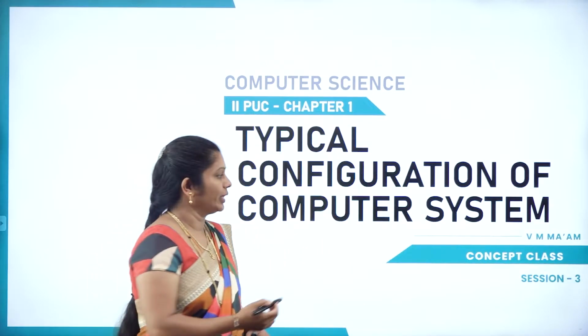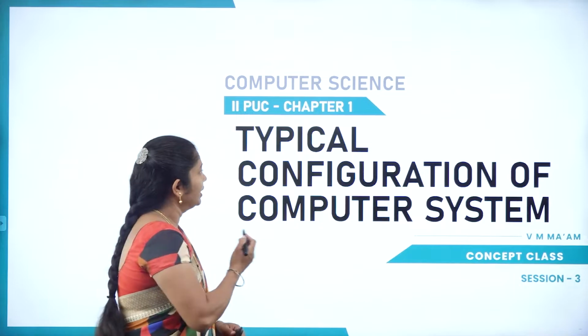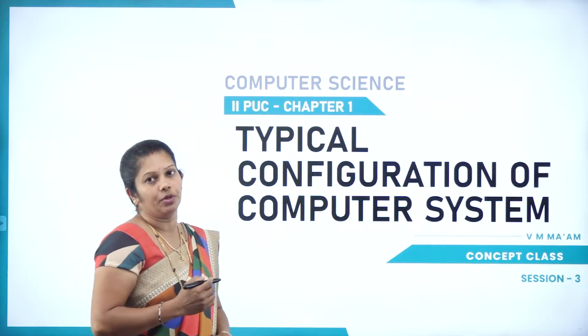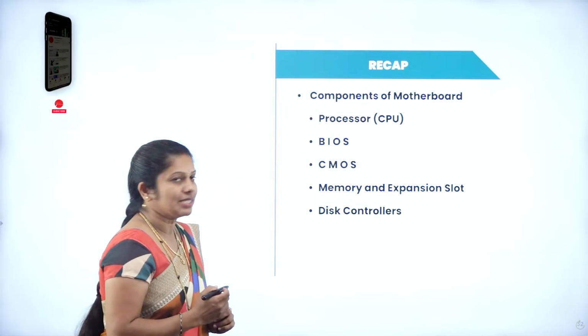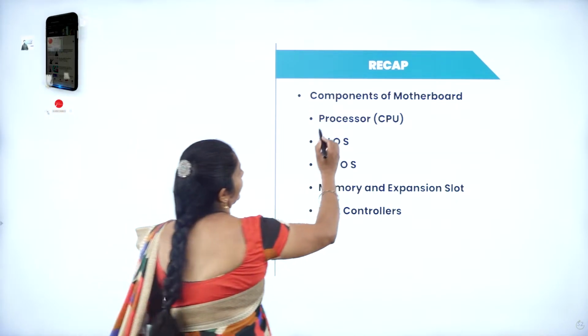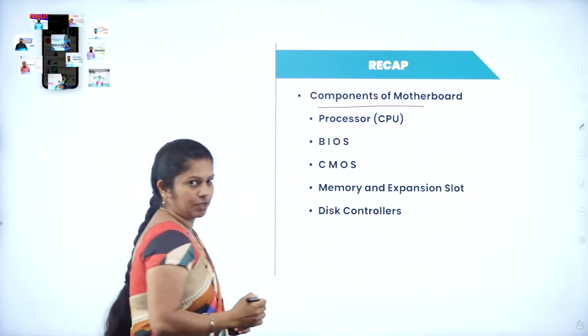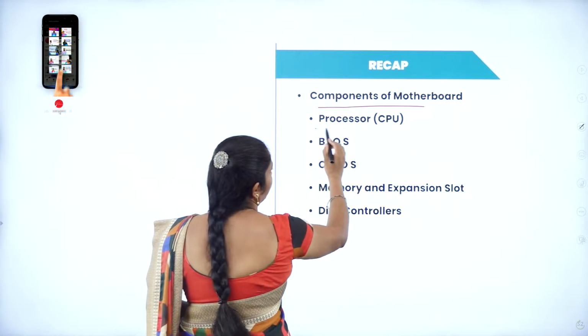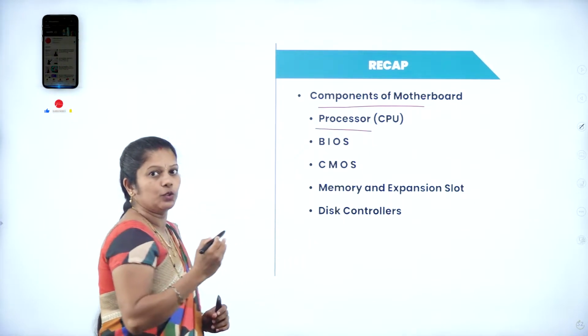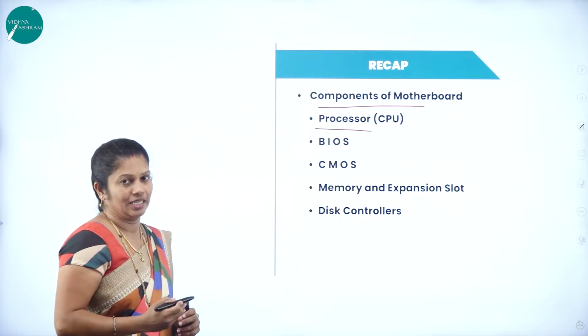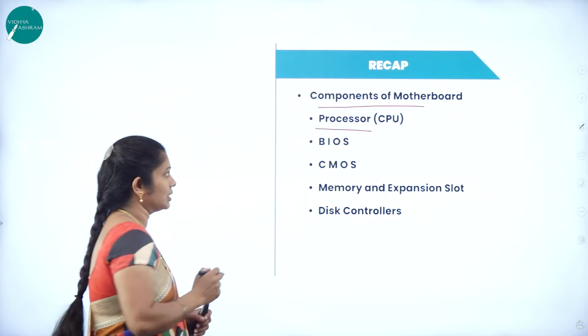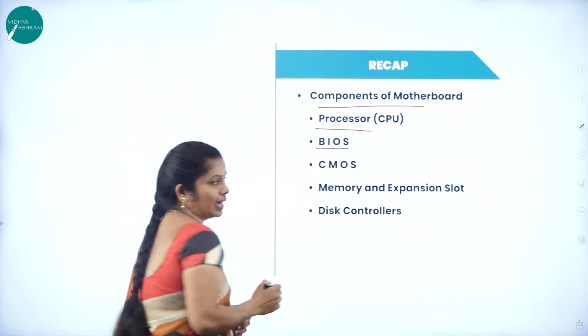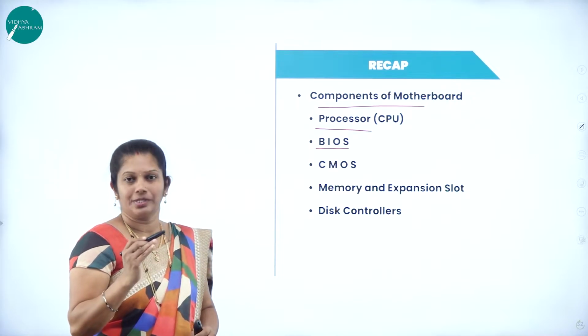Today, we are going to start with the third session of typical configuration of computer system. In the previous class, you came to know regarding the components of motherboard. Under that, the processor: what is the main use of processor, how it is arranged, what are the functionalities of processor. Then BIOS, that is basic input output system.